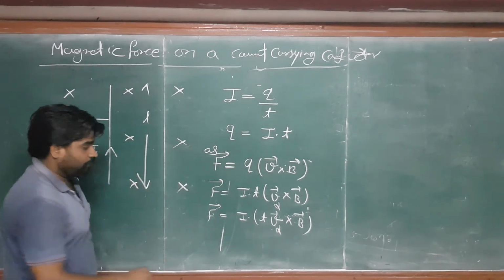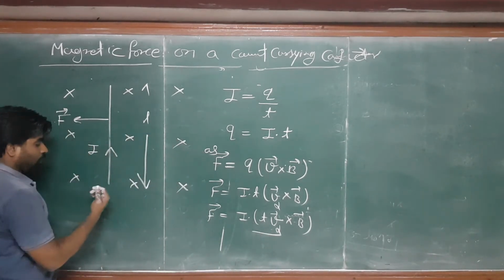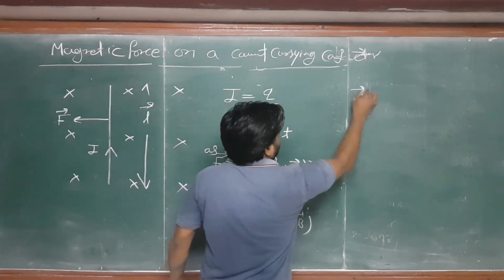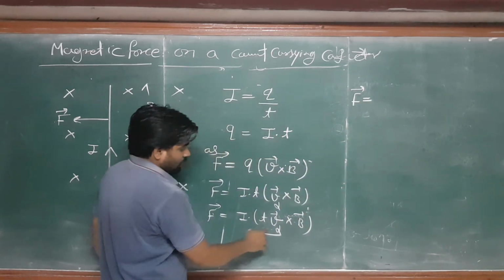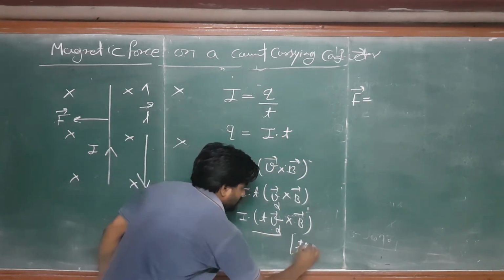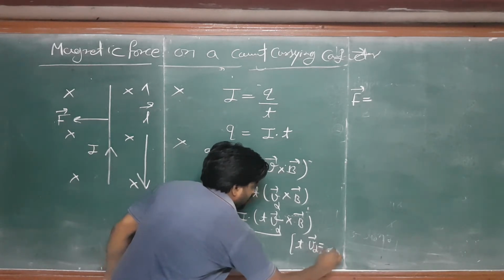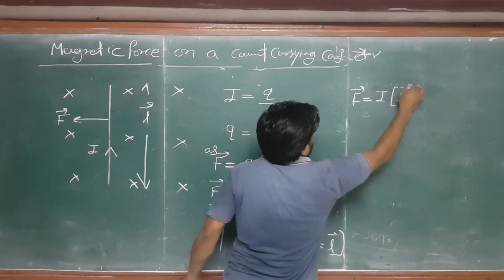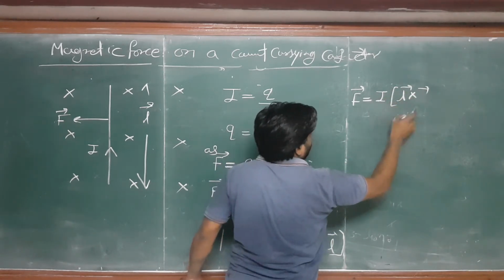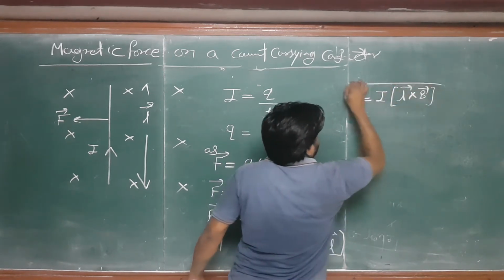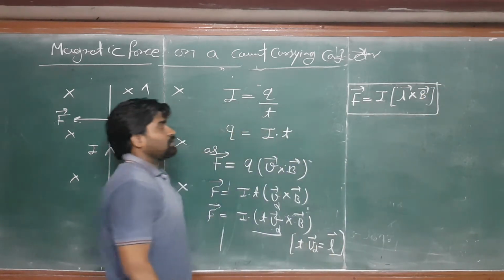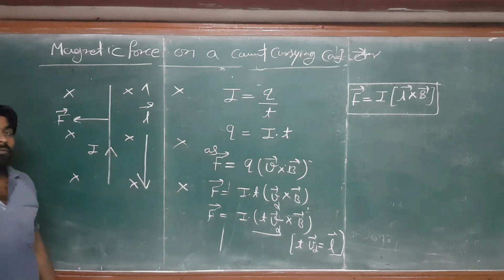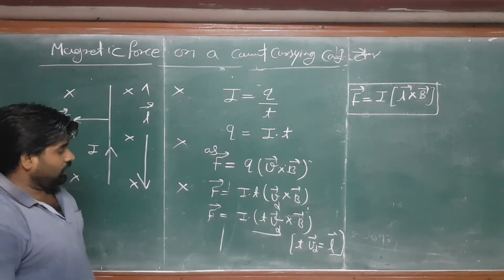So I can write the L here, and in the direction from bottom to top, so it has the direction called vector L. So here I can write vector F is equal to I Vd T, and Vd T I can write as vector L. So this is I, vector L cross vector B. So this is the formula which is acting on our straight current carrying conductor, IL cross B.